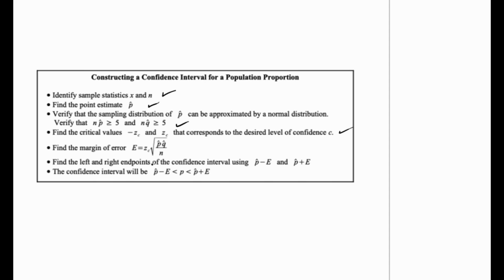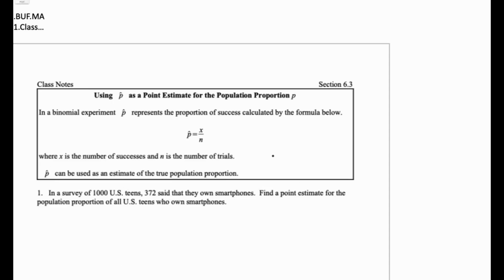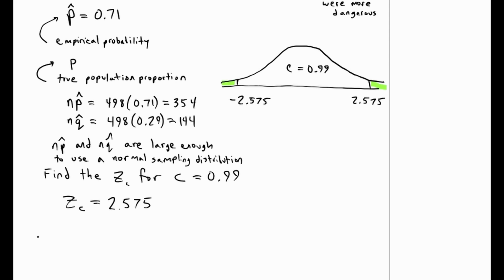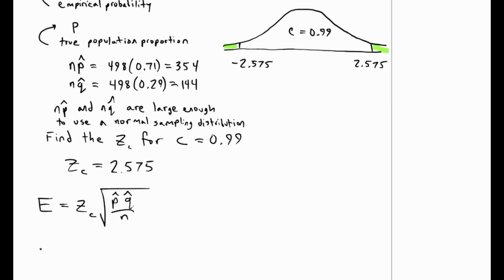It's going to be Z C times the square root of P hat Q hat over N. So we have 2.575 times the square root of 0.71 times 0.29 over 498 people that were asked.